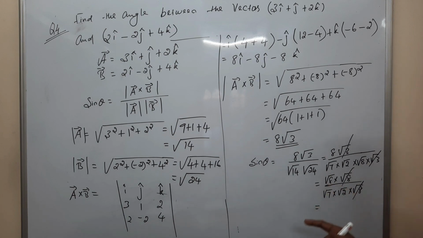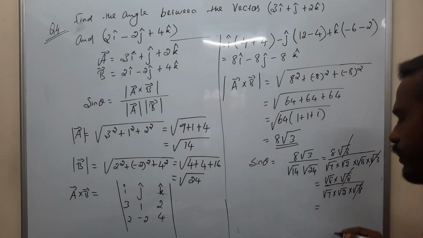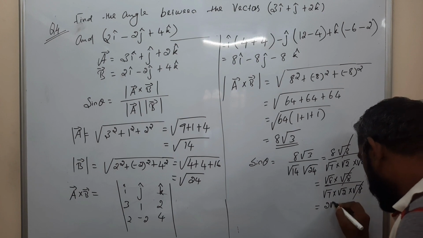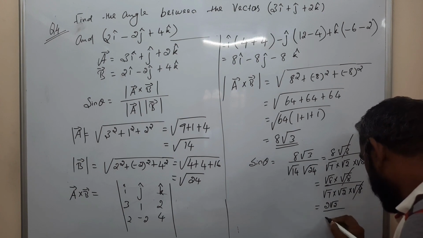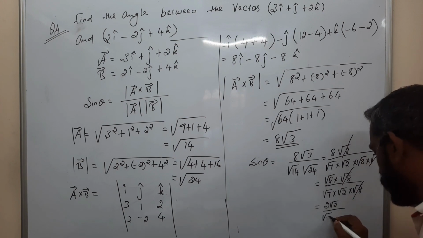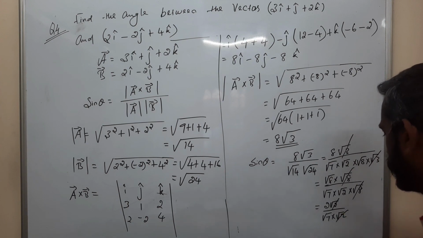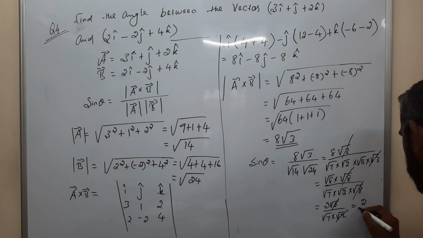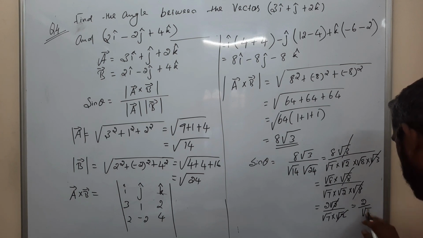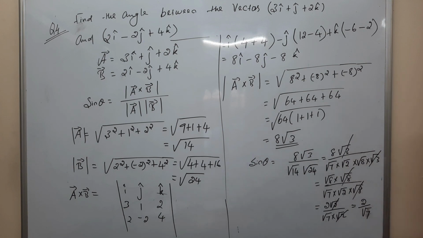Root 8 we can write as 2 root 2. Am I right? 2 root 2 divided by, in the denominator, root 7 into root 2. So this root 2 cancels, and that's equal to 2 by root 7. So sin theta is equal to 2 by root 7.